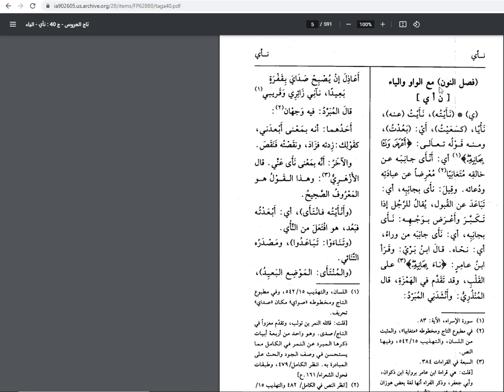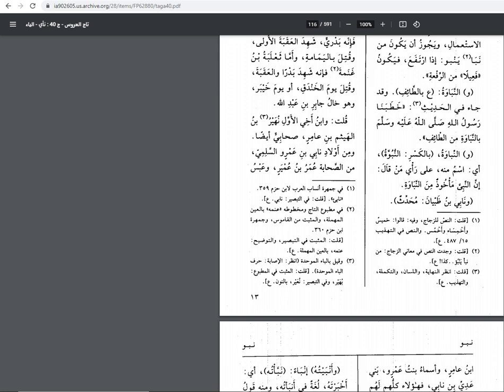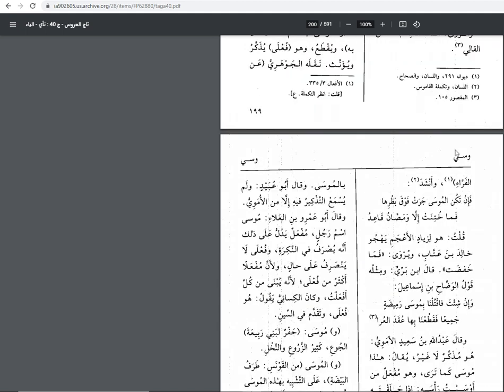We have this section on the words with the root letters Nun, Hamza, Ya. We are looking for Waw, Qaf, Ya. So we will have to go down. Waw, Sin, Ya. So words that have the root letters Waw, Sin, Ya.